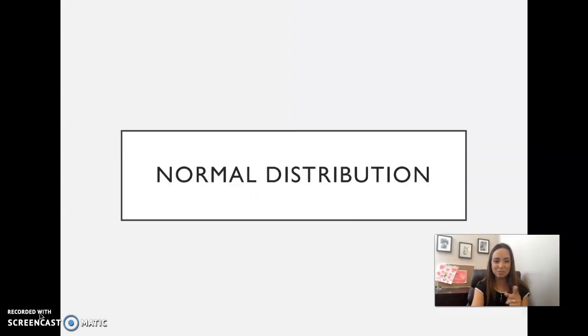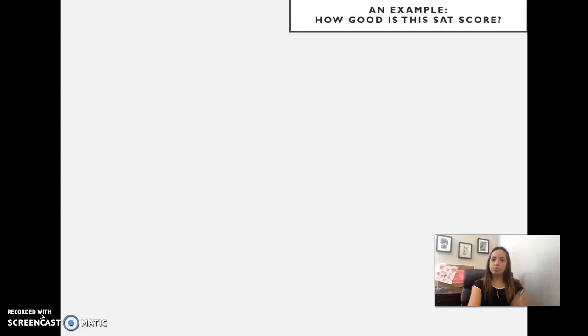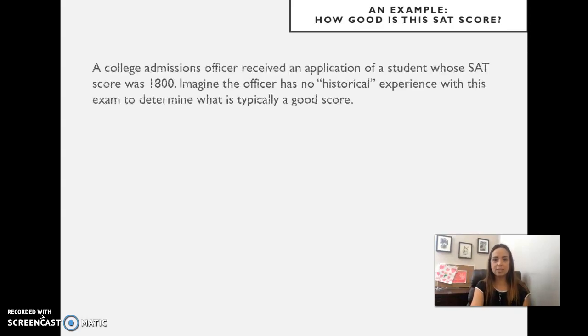Probability distributions, and again, the focus will be on the normal distribution, but there are many others that we'll encounter during this course as we learn to do specific statistical tests. So let's start with an example. How good is this SAT score? So imagine that a college admissions officer received an application of a student whose SAT score was 1800.